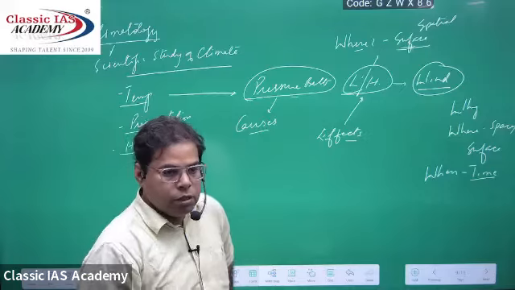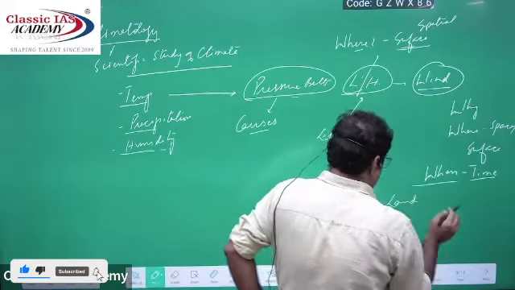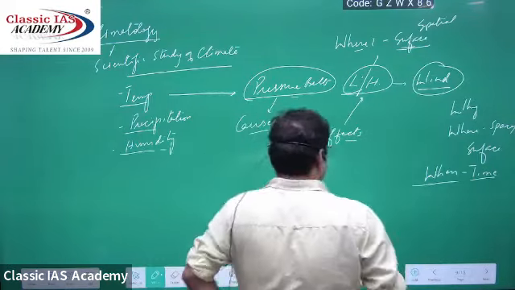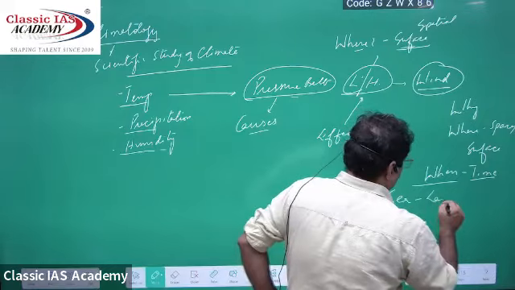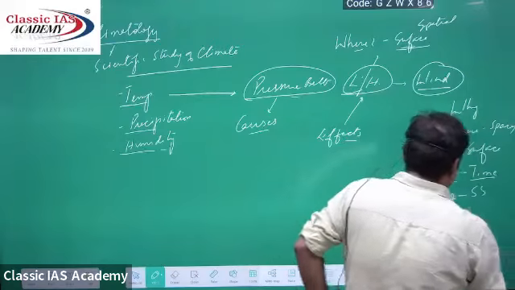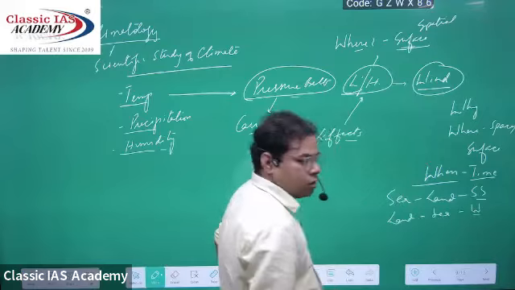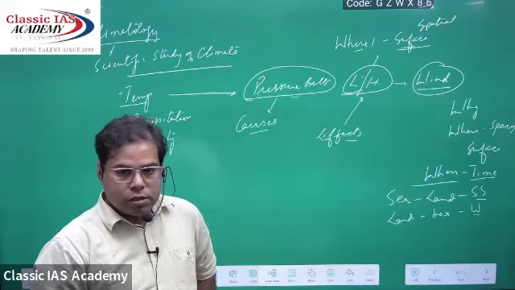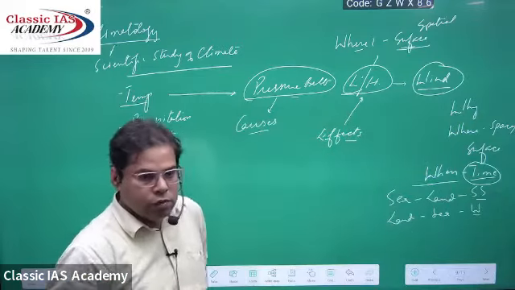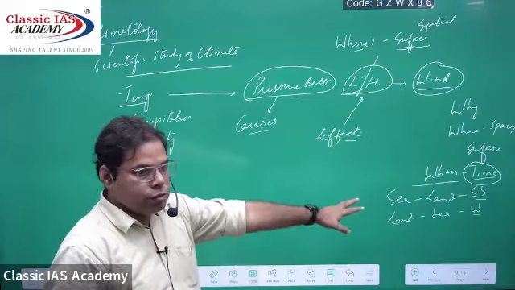Wind blows from sea to land in the summer season, and from land to sea in the winter season. What is that? Temporal analysis, with time. A season is a particular time period, a period of six months. So we have been studying the wind movement on the basis of time.